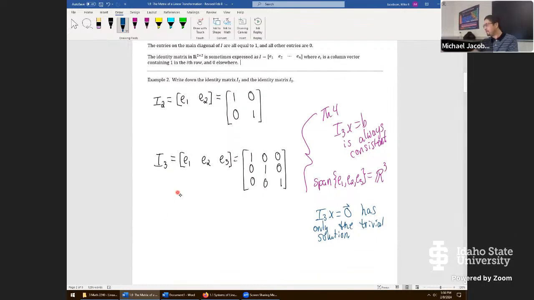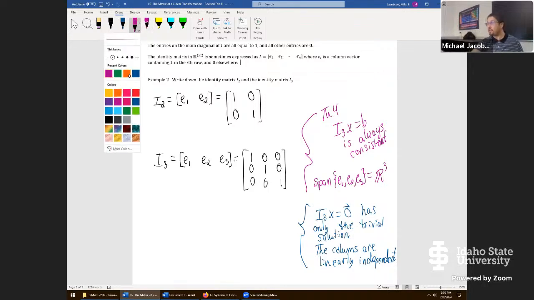So we'll say here, the columns are linearly independent. So for these kinds of matrices, not just the identity matrix, but one that satisfies this, the columns both span and are independent.